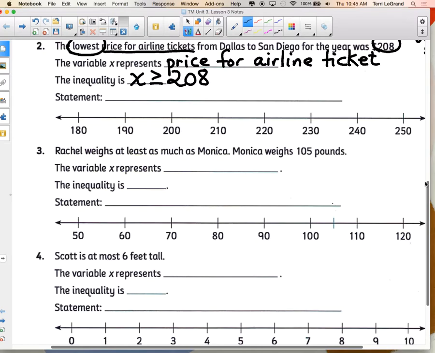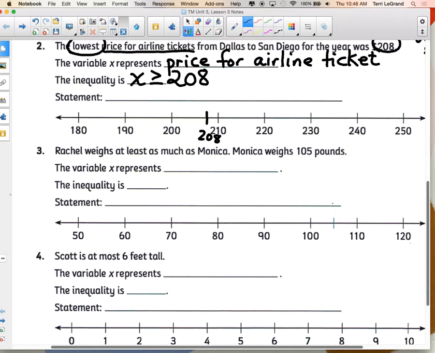The 10, and how many units away from the 10 is it? 2. So we have to envision that we're going to be 2 units away from 10, and is 208 more than halfway? Yes. Okay, so I'm thinking probably about right here. How do you feel? Think we have a good mark? Okay, so we're going to put that we're at 208.